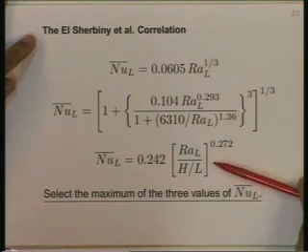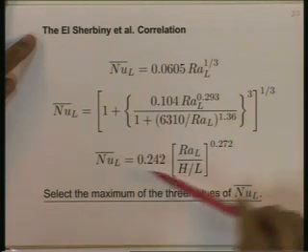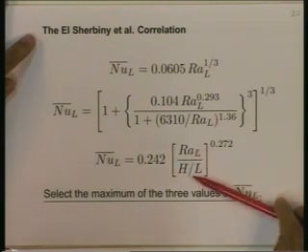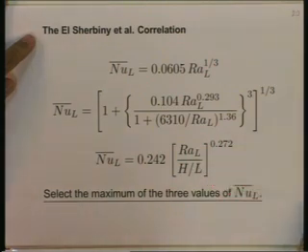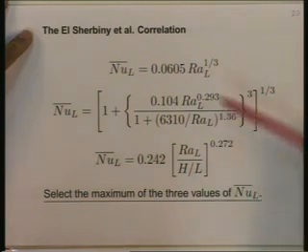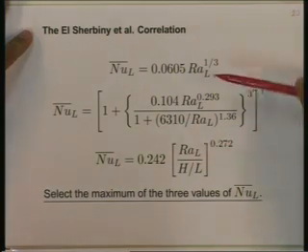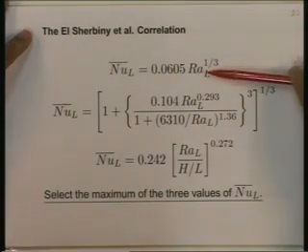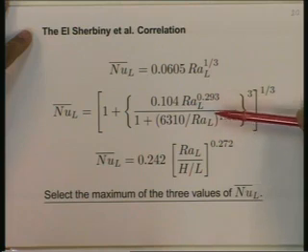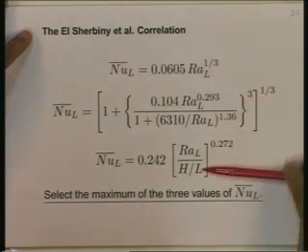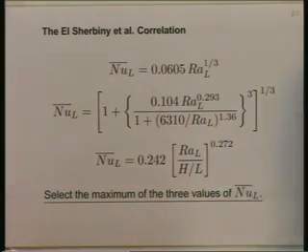And a third one, though simple, provides Nusselt number as a function of Rayleigh number and the aspect ratio H by L. And we have to select the maximum of the three values of Nusselt number obtained by using these three correlations. So, we must calculate, say, Nu bar L1, Nu bar L2 and Nu bar L3 and select the maximum of these as the average Nusselt number.